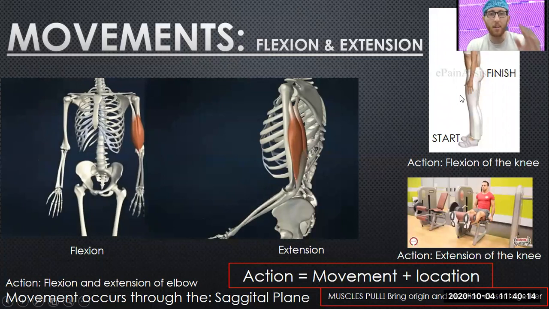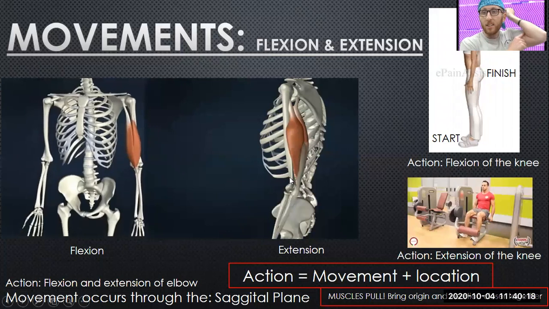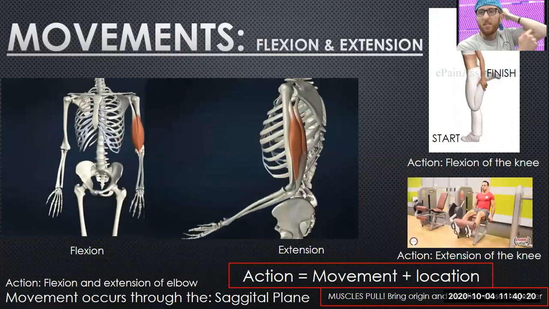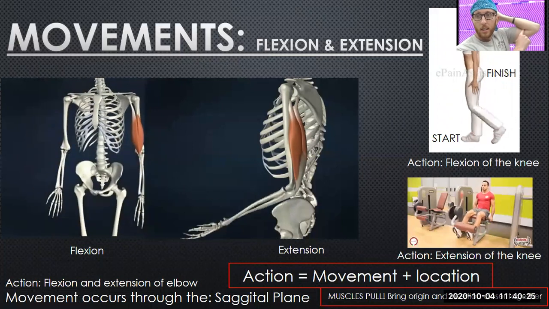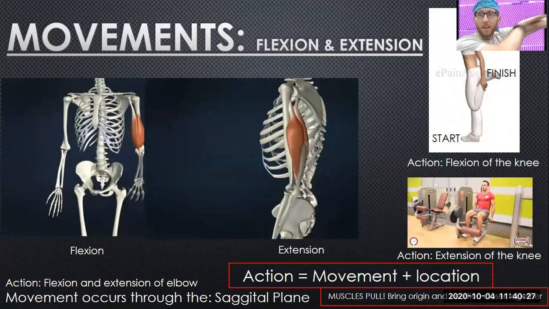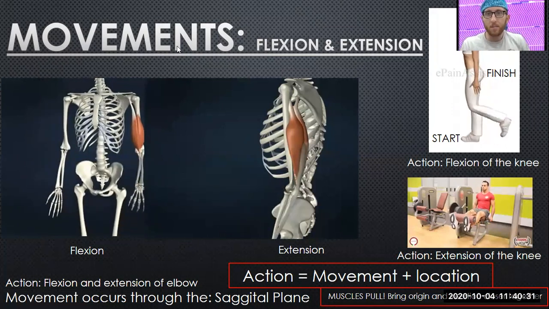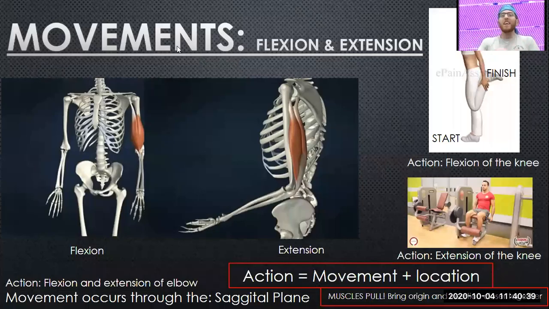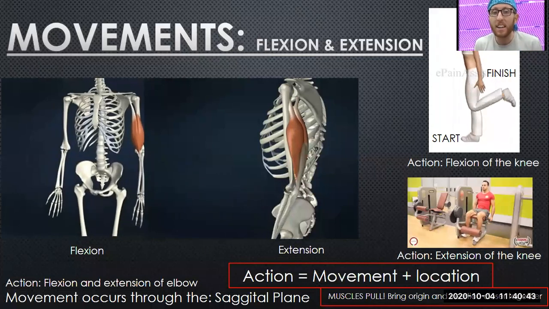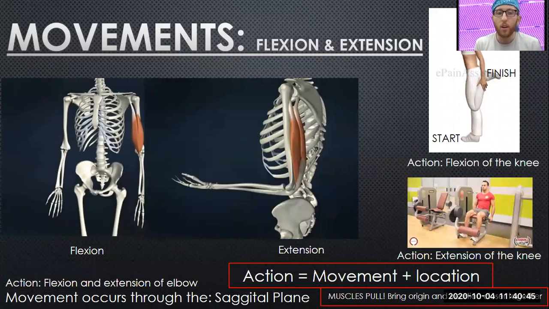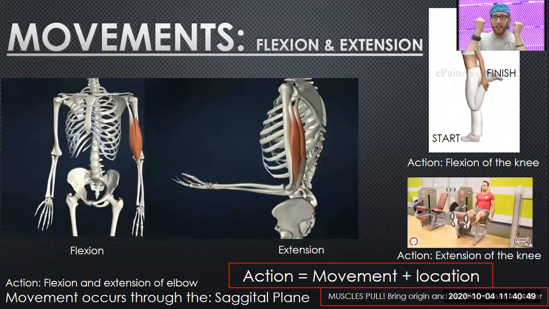But if we're talking about the elbow, elbow flexion would be bending your elbow to where there's a very small angle between that joint. Extension of the elbow would be making it straight. That's extension of the elbow. Any type of flexion and extension in your body is going to travel parallel to the sagittal plane.